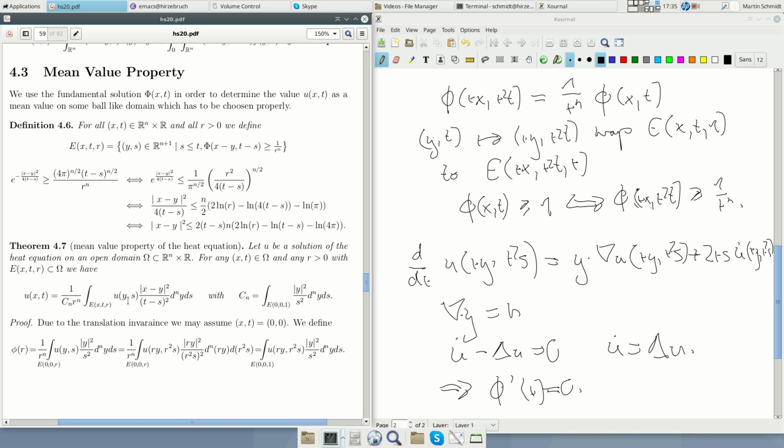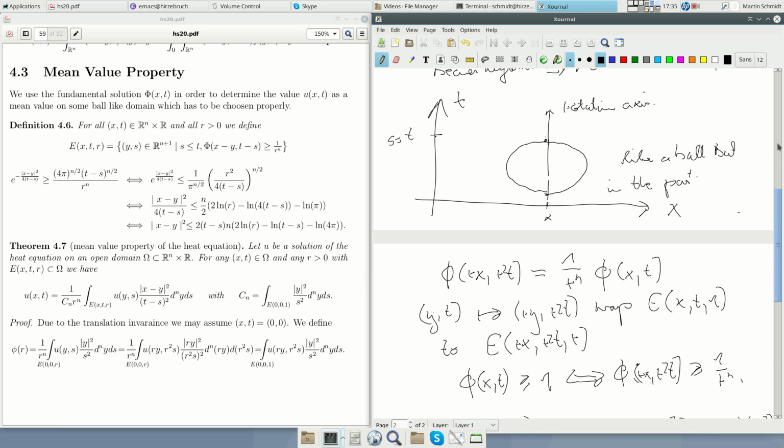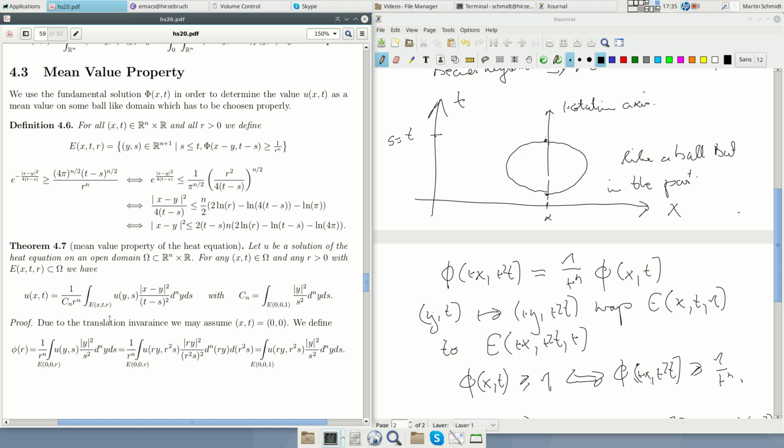It's quite a bit more complicated, because we have to integrate over the heat ball, which is more complicated, and we have some weight function. Okay, and then this is the statement with some constant, which finally we showed is independent of the dimension and is always 4. And then we did the proof, and the proof was very similar. In principle, it was completely analogous to the proof for the Laplace equation. Okay. Thank you.